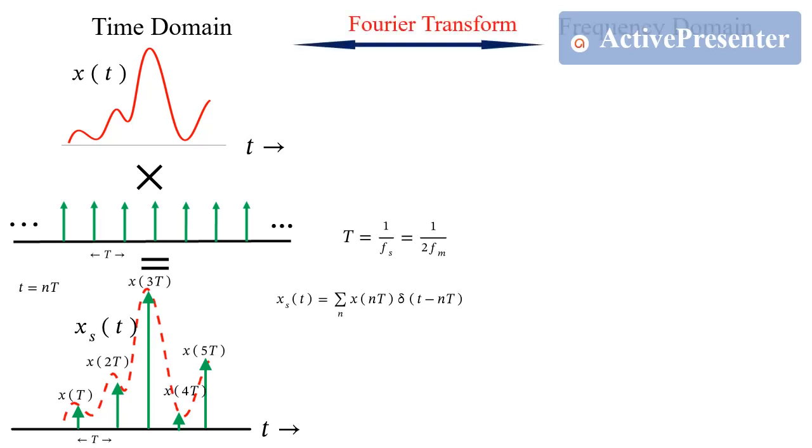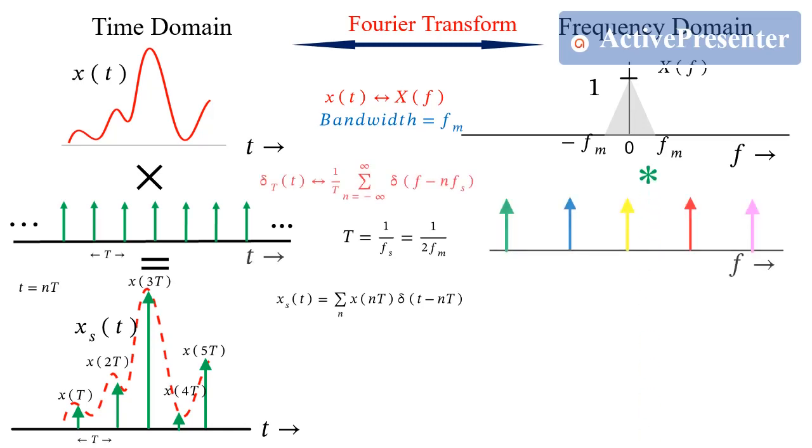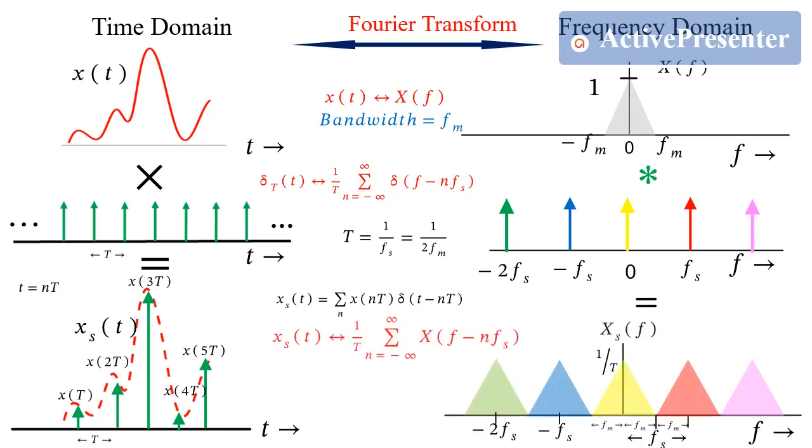Considering x(t) as a band limited signal with Fm as the highest frequency component in it, the spectrum of the sampled signal can be obtained by convolving the spectrums of x(t) and that of the impulse train. This results in multiple copies of the same spectrum X(f), spaced every fs hertz.